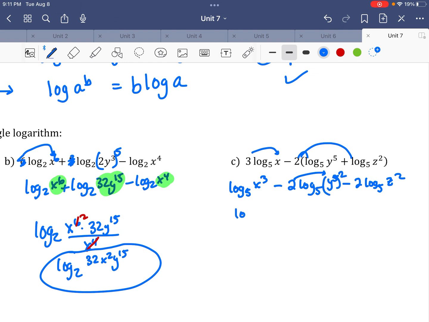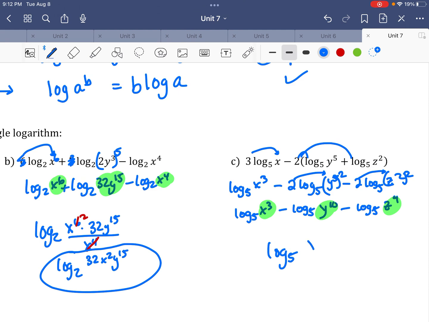So remember, this 2 is an exponent. So that's going to be log base 5 of x to the third minus log base 5 of y to the 10th. And 2 goes up there, so that's going to be minus log base 5 of z to the fourth. All right, so I have to put these 3 pieces in an expression.